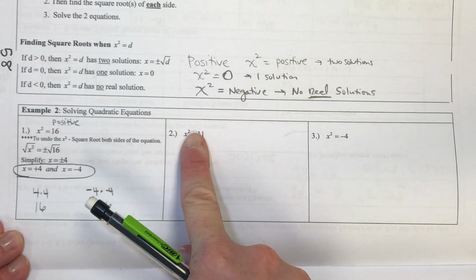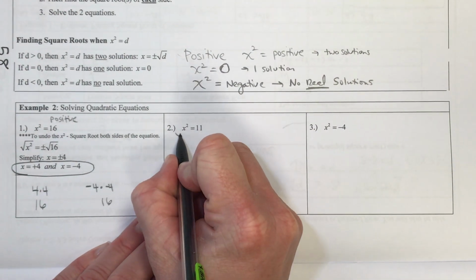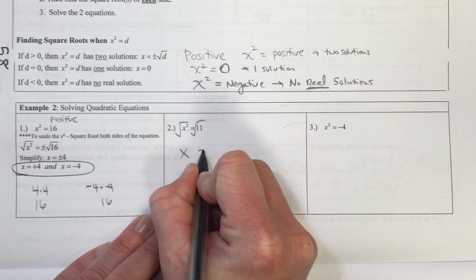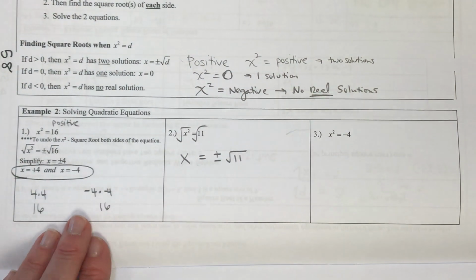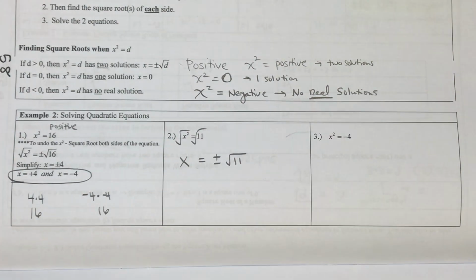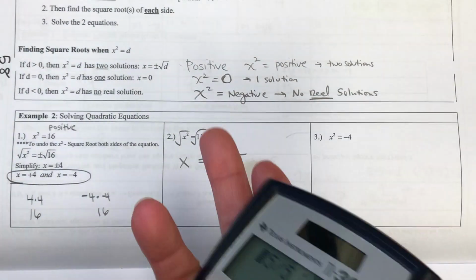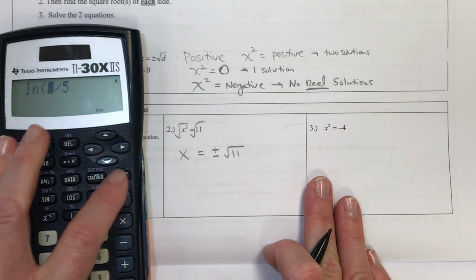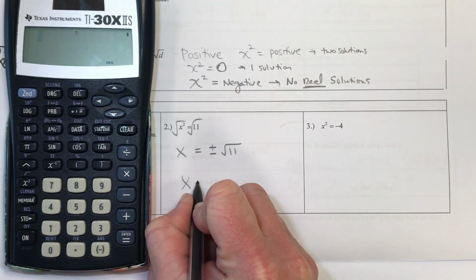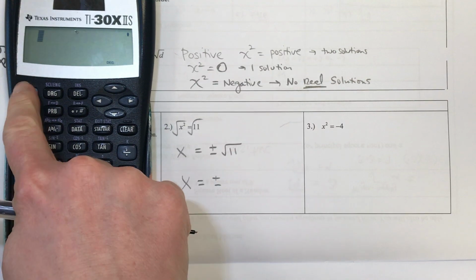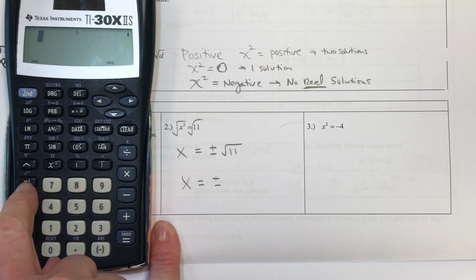But now if we apply the square root here to 11, our answer just isn't going to be a nice number like 4. It's going to be a decimal, but we will still have two solutions. So I'll show you here with our calculator. If you're allowed to use decimals, for the square root button I'm going to have to use the second key and then my square button.